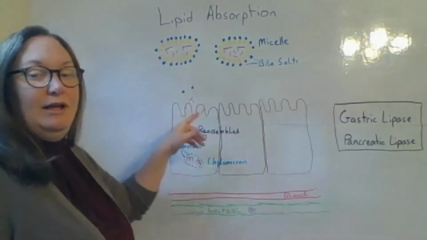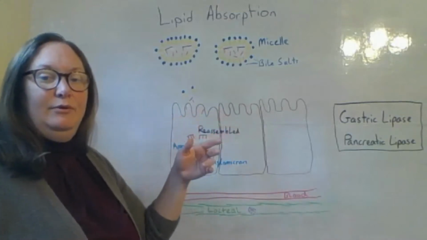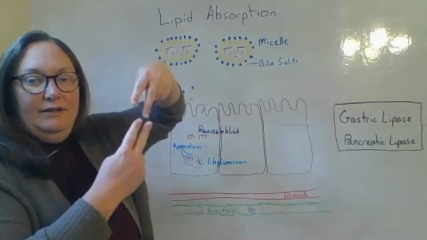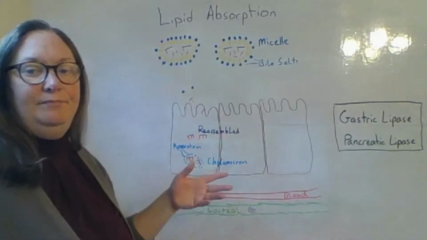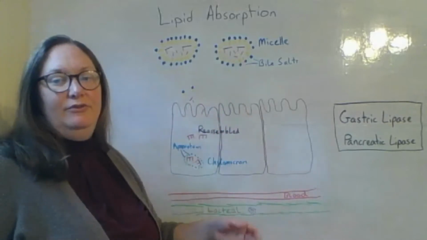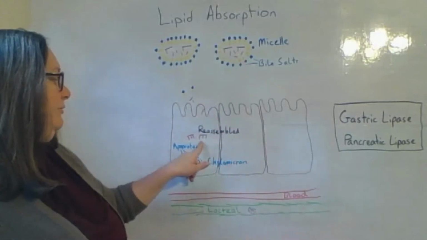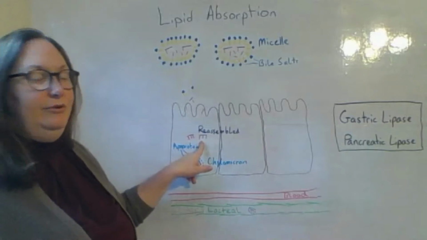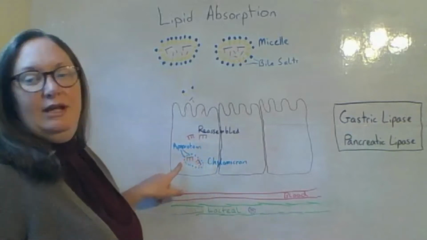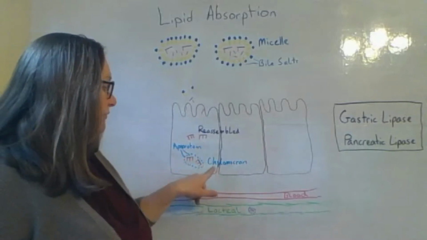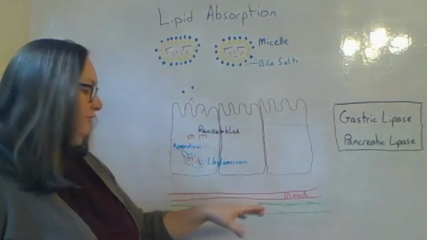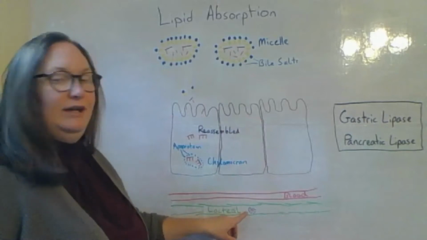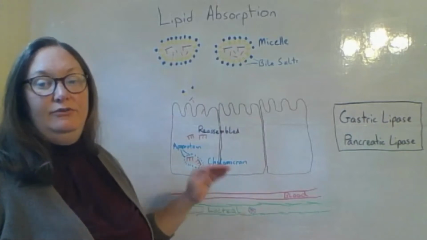And remember, we have the plasma membrane with the polar heads and the fatty acid tails. And the fatty acids can just diffuse right through. All right, so once they're inside the cell, they get reassembled, coated with an apoprotein coat, which forms a chylomicron. The cell sends it out by exocytosis, and it can't go in the blood, too large.